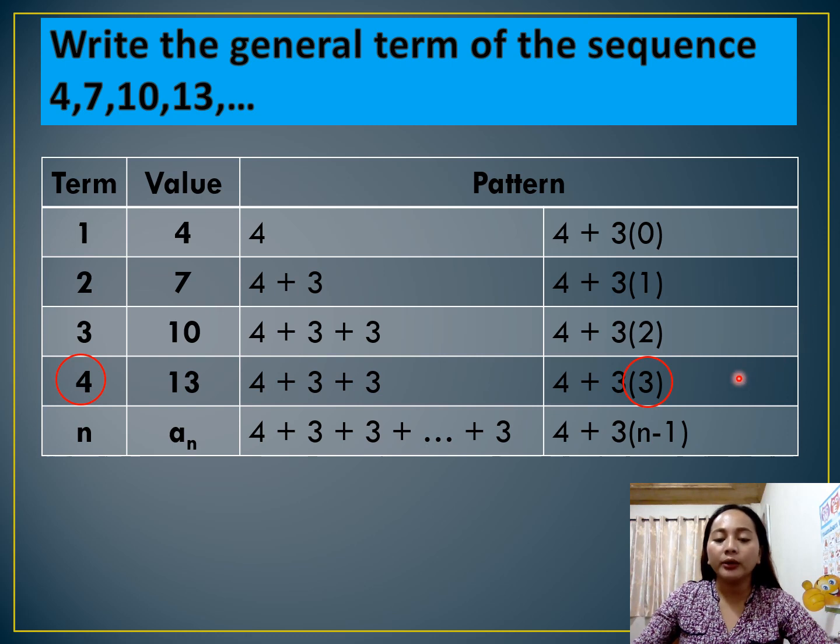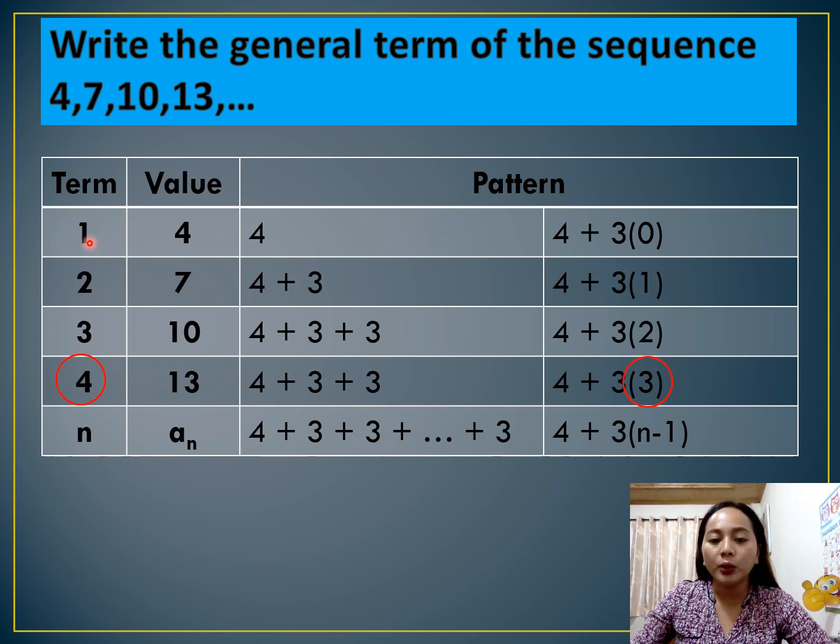Under this part of the table, number 3 is multiplied by another number 3. Therefore, if your term is 4, 3 is multiplied by 3. If term is 3, 3 is multiplied by 2. If term is 2, 3 is multiplied by 1.